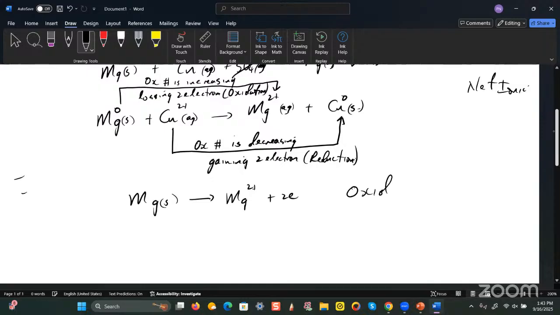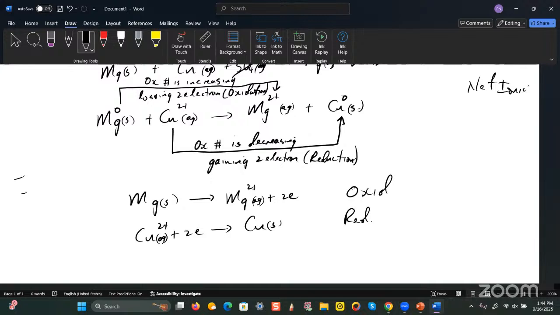And in the case of the copper 2+, it's gaining 2 electrons to form Cu solid. This is aqueous, this is aqueous, right? So basically, this is the reduction half reaction.